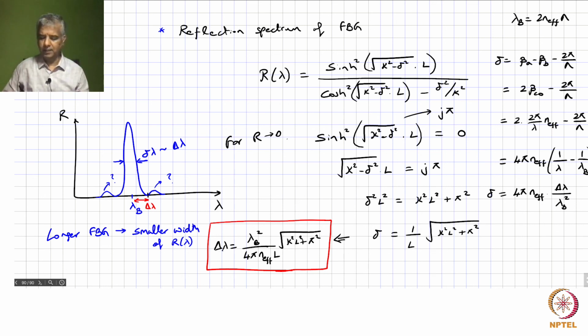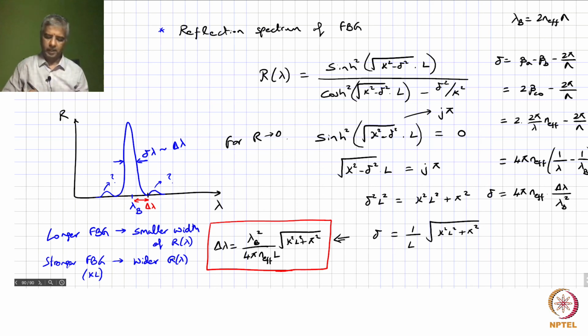What this tells you is delta lambda is actually proportional to kappa L. That means if you have a stronger grating, then your width is going to increase. So, if you have a stronger FBG, that is a large value of kappa L, that means a wider reflection spectrum.